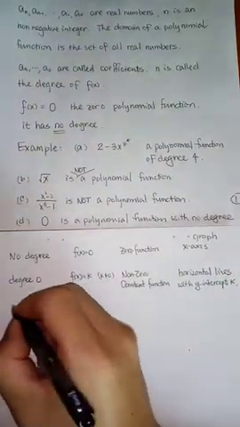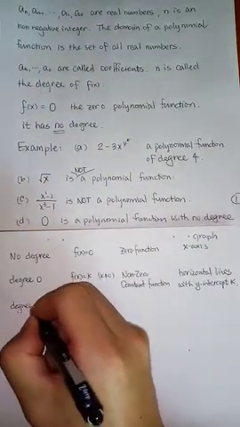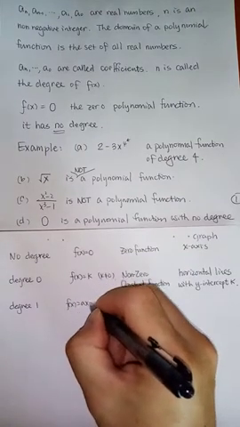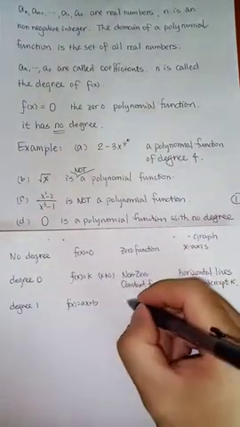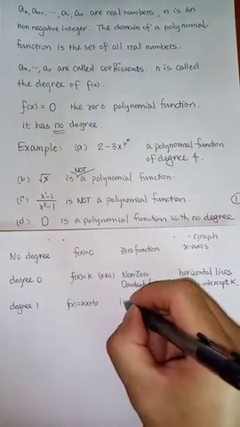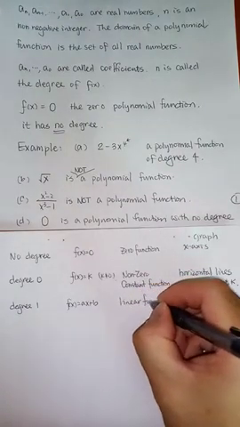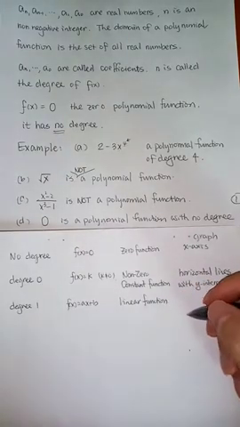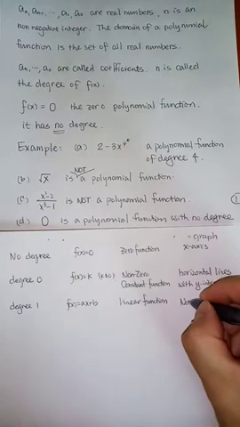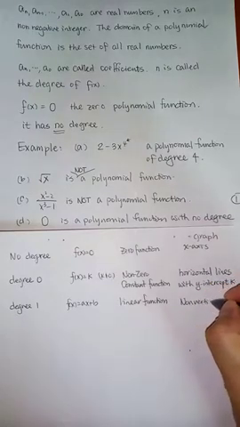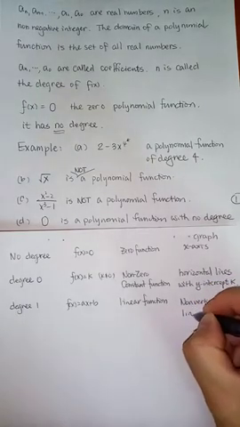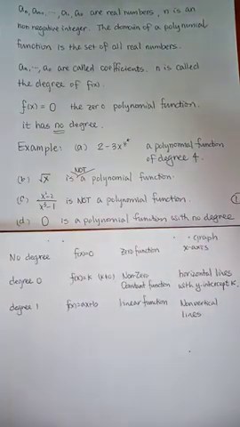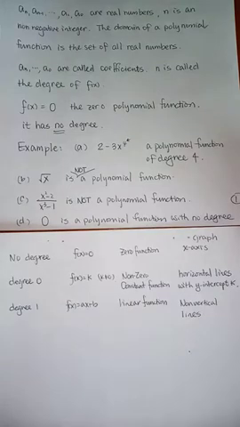If you have a degree 1 polynomial function, mx plus b, we call it a linear function. A linear function is just a non-vertical line.